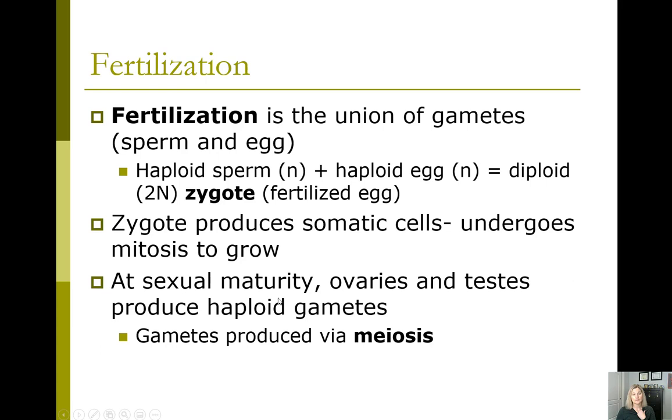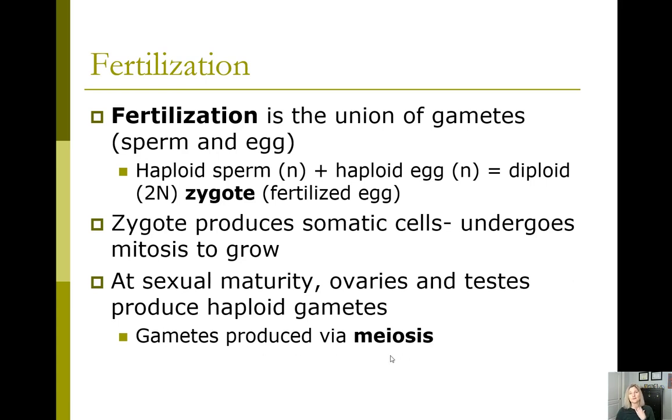Through sexual maturity, those haploid cells will develop via meiosis, because we can't undergo mitosis to produce gametes, because then you have too many chromosomes in there. The haploid cells are produced via meiosis in a specialized area in your body.